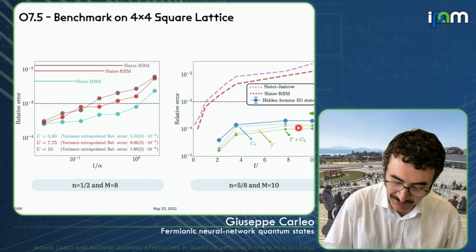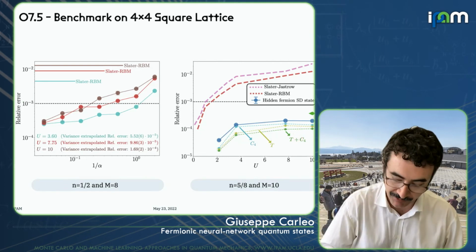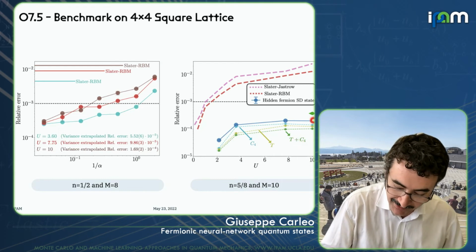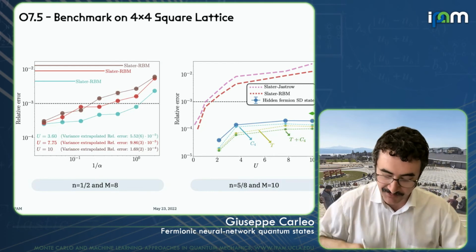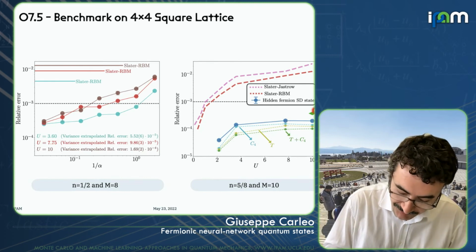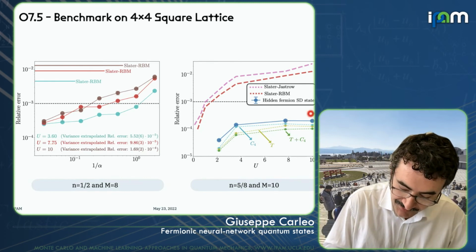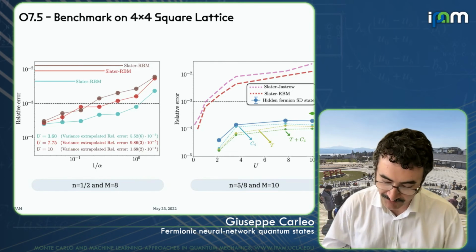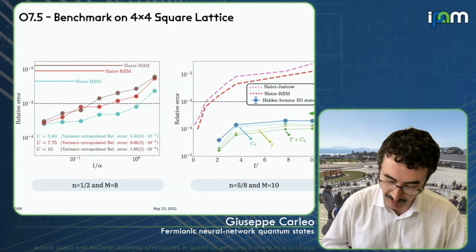These lines refer to the fact that we can apply a posteriori, for example, C4 or translation symmetries, and by applying the symmetries we can reduce the error even further. We can also improve on these tensor network results obtained with a mixed Monte Carlo sampling method, also in the group of Imada.